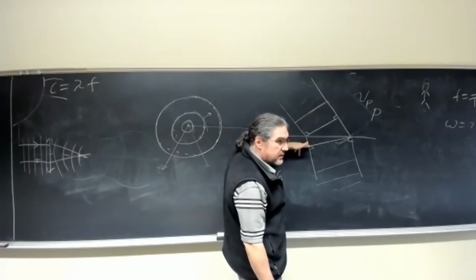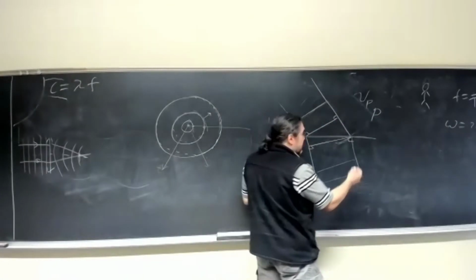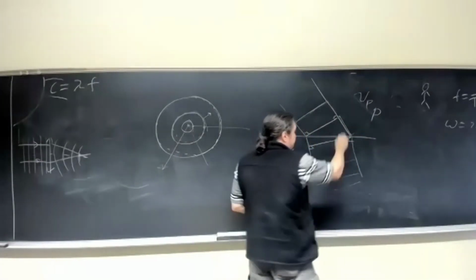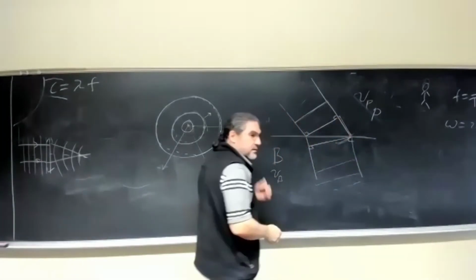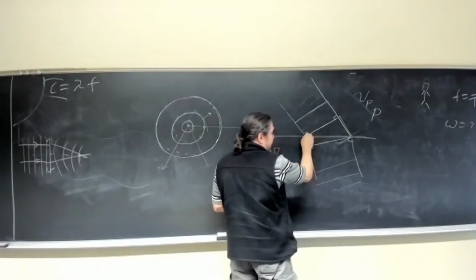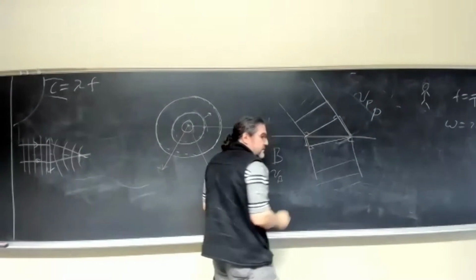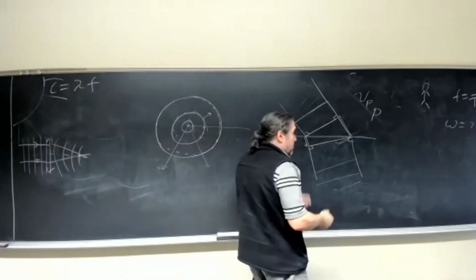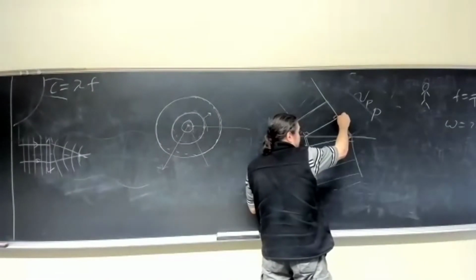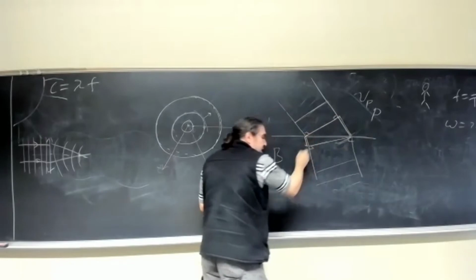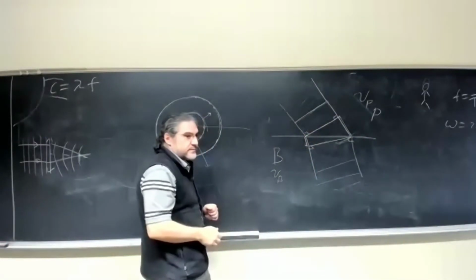But in order to do that, this end of the wavefront must propagate this distance, and this end of the wavefront must propagate this distance. This end of the wavefront propagates in the pink region, but this part propagates in the blue region.